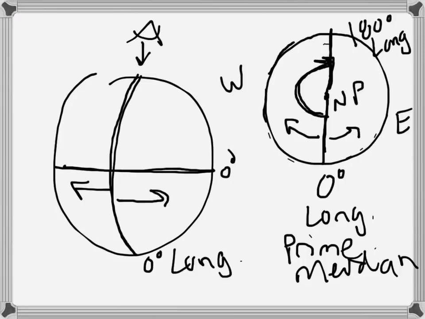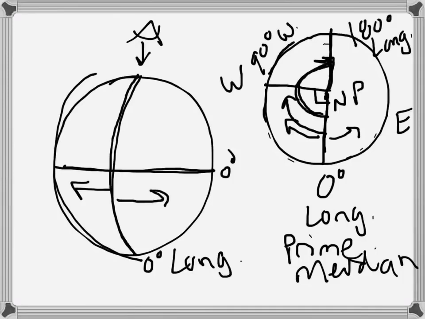Now you might say, well, did you forget adding the west or an east designator? And the answer is no. The fact of the matter is, if you go 180, you're neither east nor west. You're right in the middle, just like if you're at 0. If you were to go this way toward the west and make an angle of 90 degrees relative to 0, then you would be at 90 degrees west longitude.